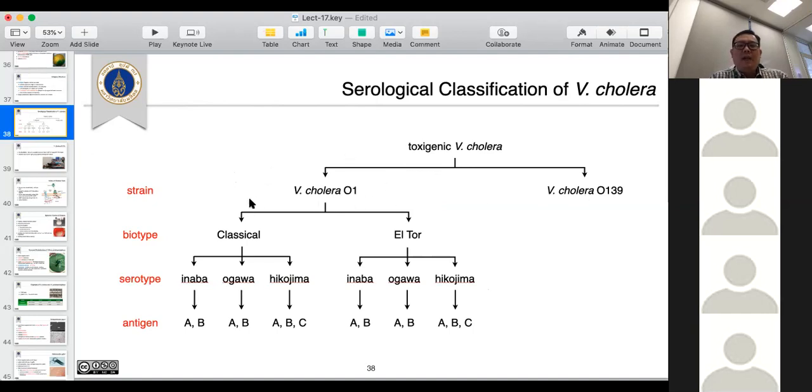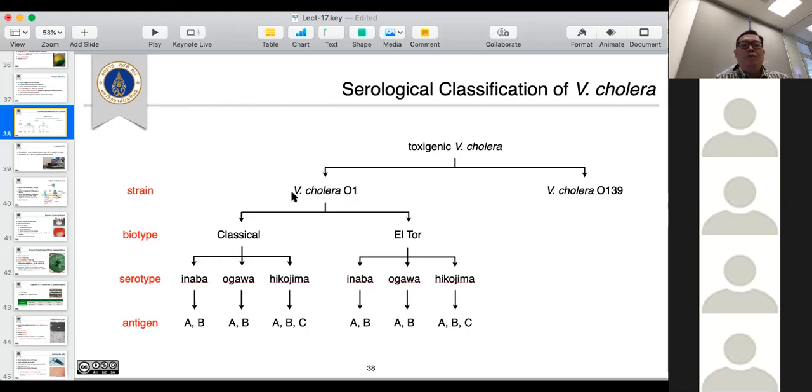Particularly, O1 can have two different biotypes, we call them O1 classical or O1 El Tor. Each of classical and El Tor still has serotypes, smaller than biotype, which can be Inaba, Ogawa, or Hikojima.